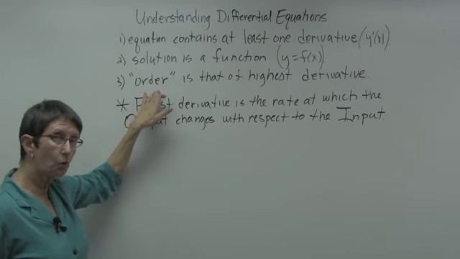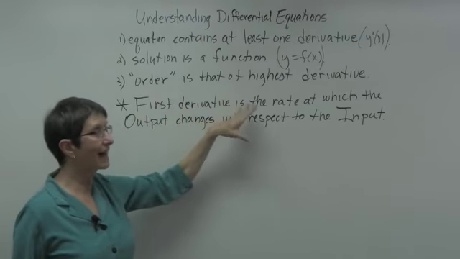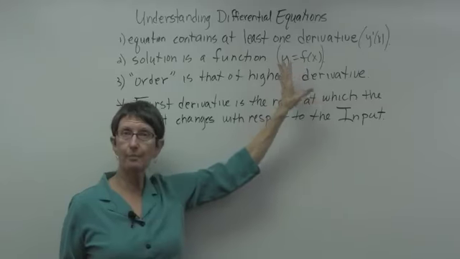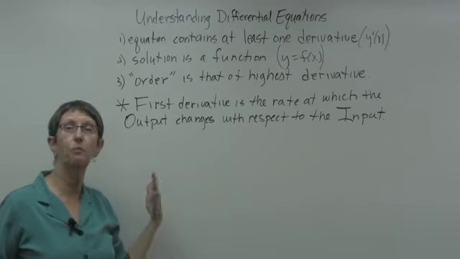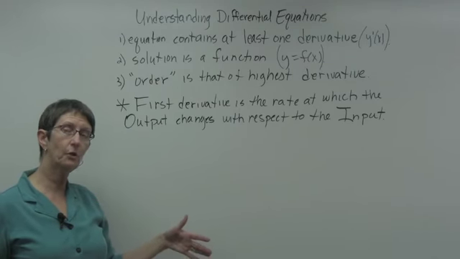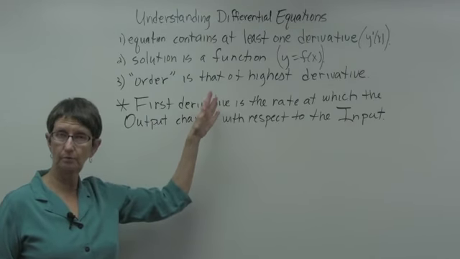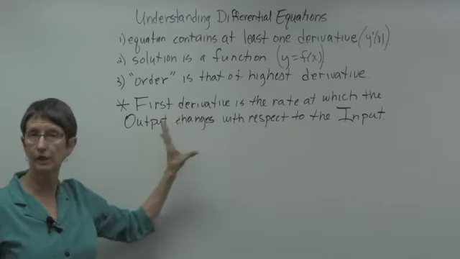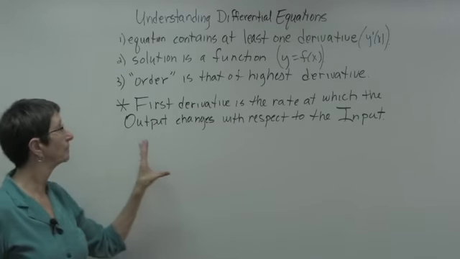And the third thing is the order. The order is that of the highest derivative. This is y prime, which is a first derivative. We could have y double prime. What we do is solve differential equations that are just first order, but in this section we will look at some that are of a higher order.